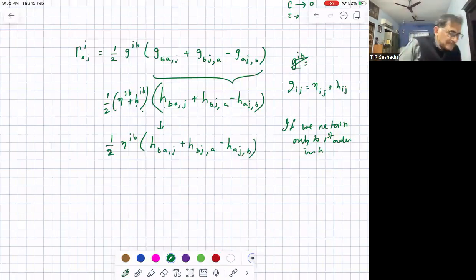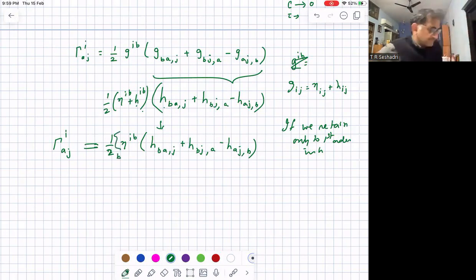Now I will suspend the summation convention and explicitly put the summation sign, which means that this is Γ^i_{aj}, equal to a summation over b.